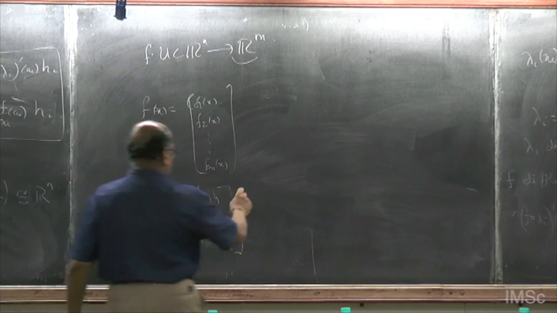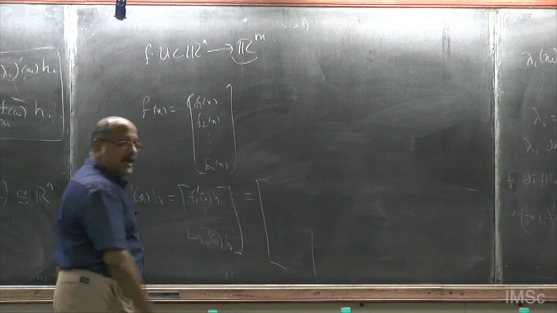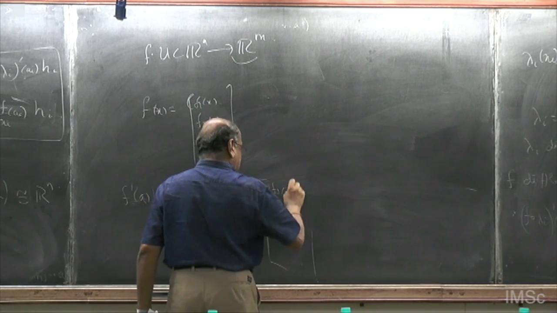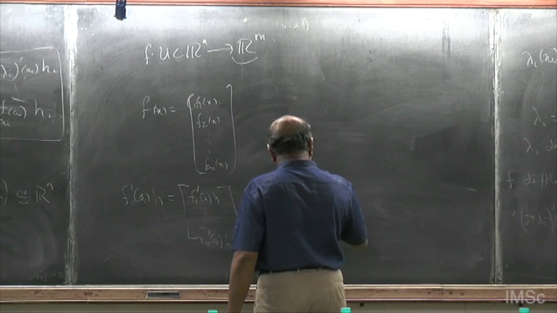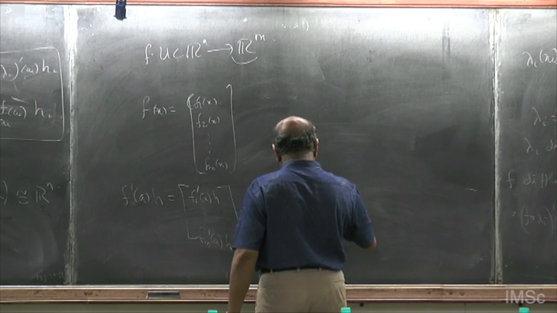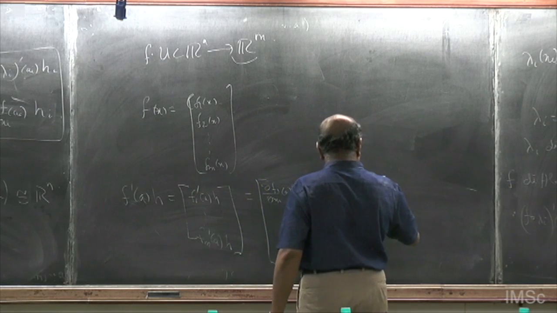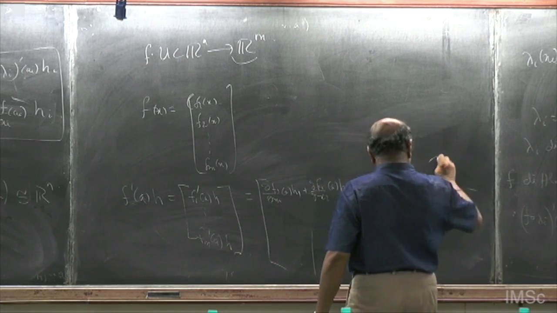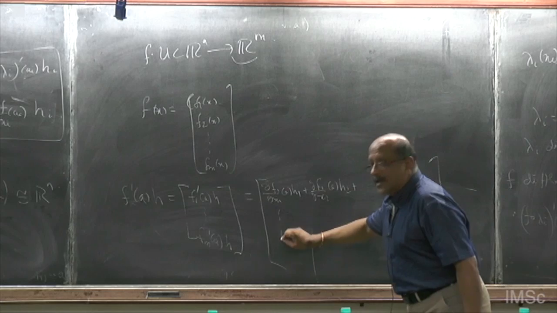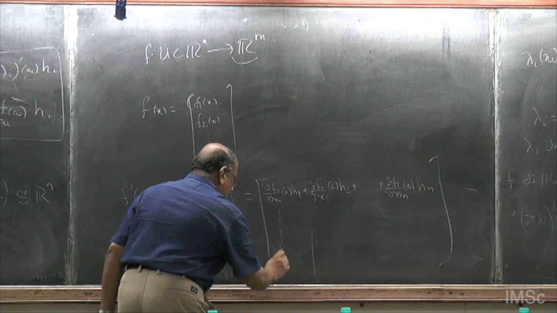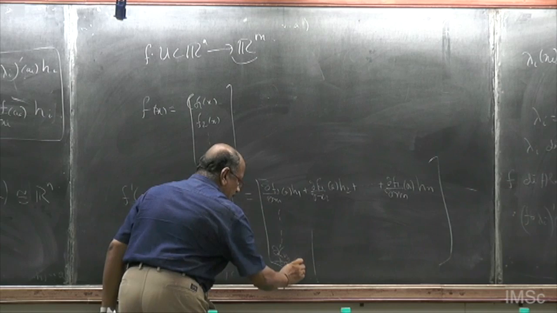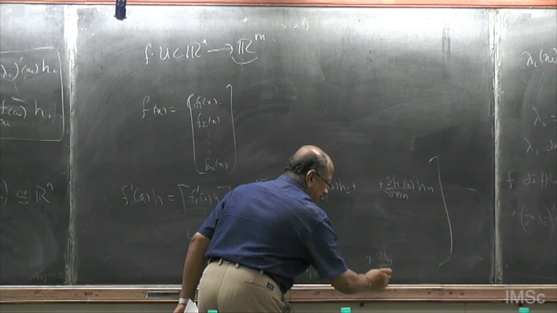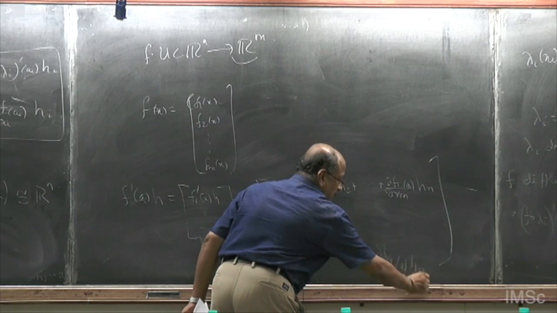So, this is equal to f1 dash a h, which is df1 by dx1 at a h1 plus df1 by dx2 at a h2 plus df1 by dxn at a hn. Similarly, I write for all of them. So, this is dfm by dx1 at a h1 plus dfm by dxn at a hn.